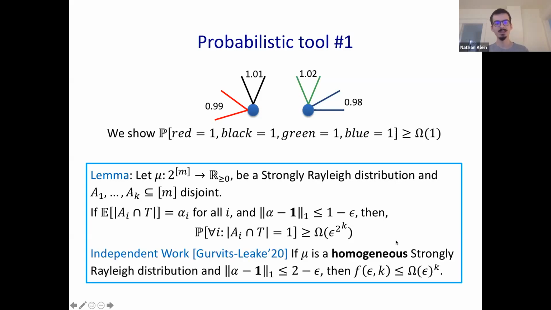And recently, as we saw in Jonathan's talk on Wednesday, Gurvits and Leake proved a related theorem which has a much better dependence on k and allows deviation up to 2, but only holds for homogeneous distributions. So for now, these are incomparable, but maybe they'll be able to remove this homogeneous criteria.